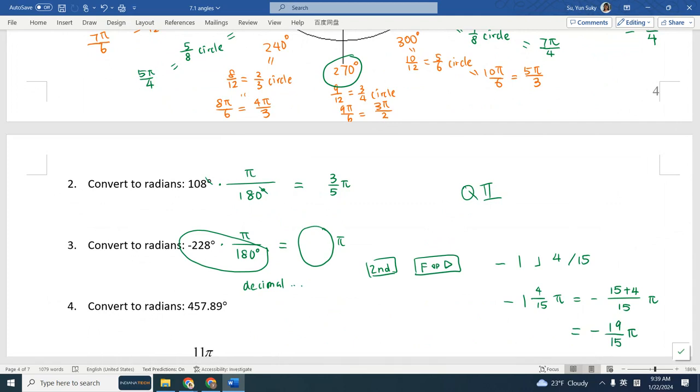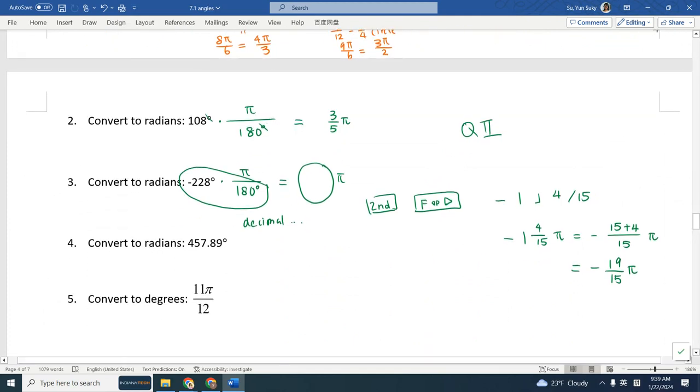Yes, everybody? So it really depends on what type of calculator you have. For some calculators, you need to do more work. For some of yours, if you get this answer, that's good. Do you all get this answer? Okay, good. All right, let's continue.